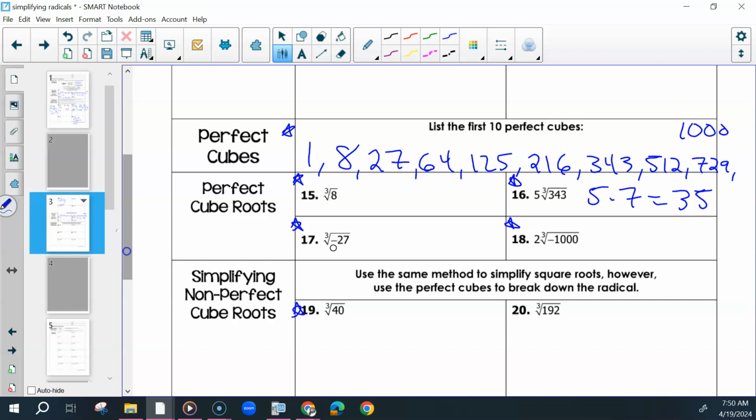So if you see this, it's not no solution, but if you saw the square root of negative 27, that would be. For 18, you could bring the negative out to make that negative 2. And then the cube root of 1,000? 10. So that would be negative 2 times 10.